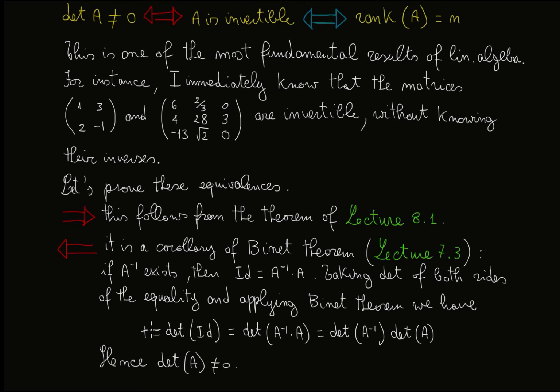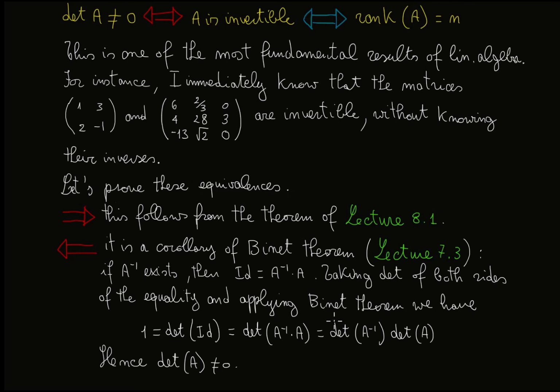Therefore, we have 1, which is the determinant of the identity matrix, equals the determinant of A minus 1 times A. And now we apply the Binet theorem that implies, in this case, that the determinant of the product of these two matrices is simply the product of the determinants of the factors. So the determinant of A minus 1 times the determinant of A.